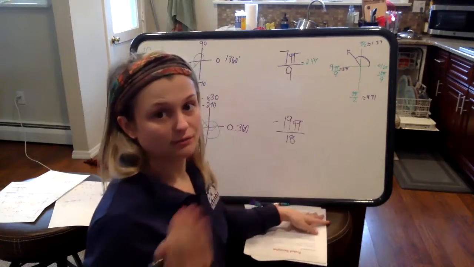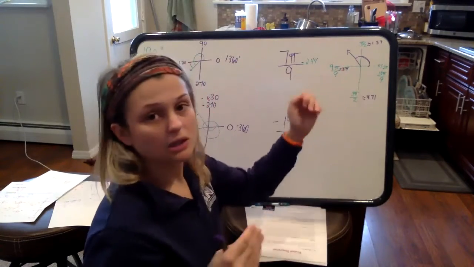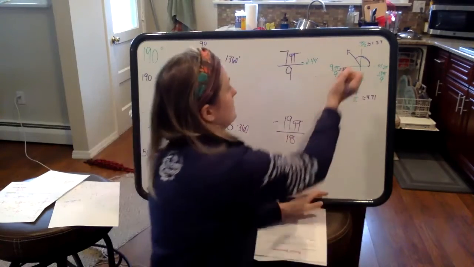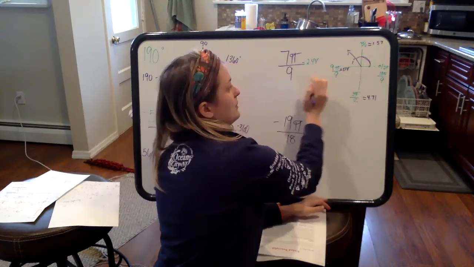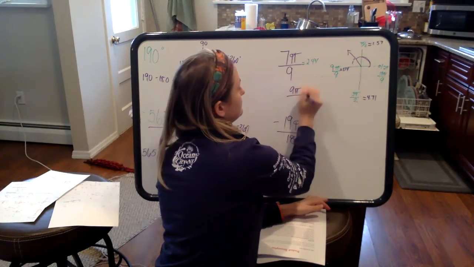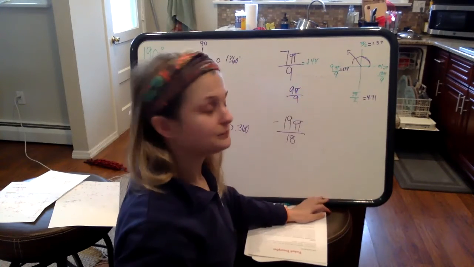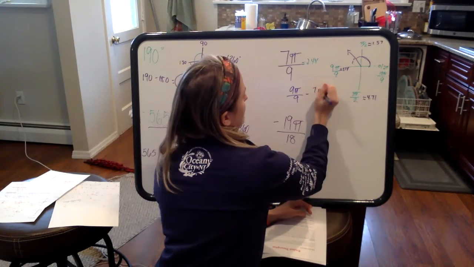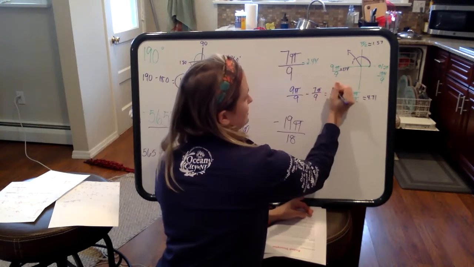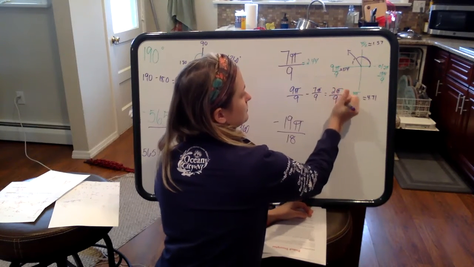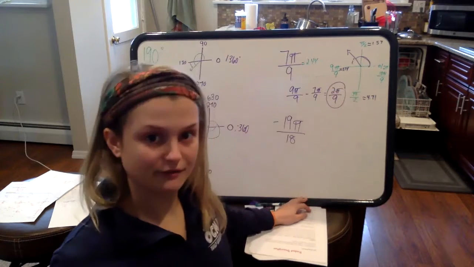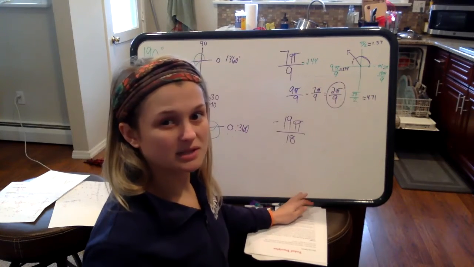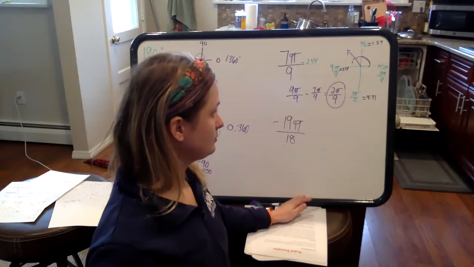And now to get the reference angle, we just have to go to the next x-axis. So when I do that, I know I'm at 9 pi over 9, right? So I just subtract: minus 7 pi over 9, and that'll equal 2 pi over 9. And 2 pi over 9 is your reference angle, okay? Does that make a little more sense?